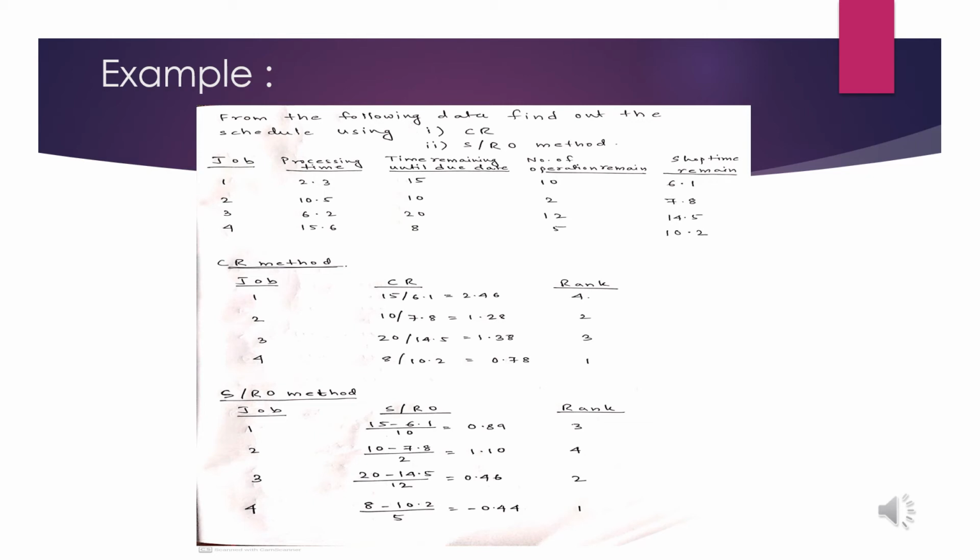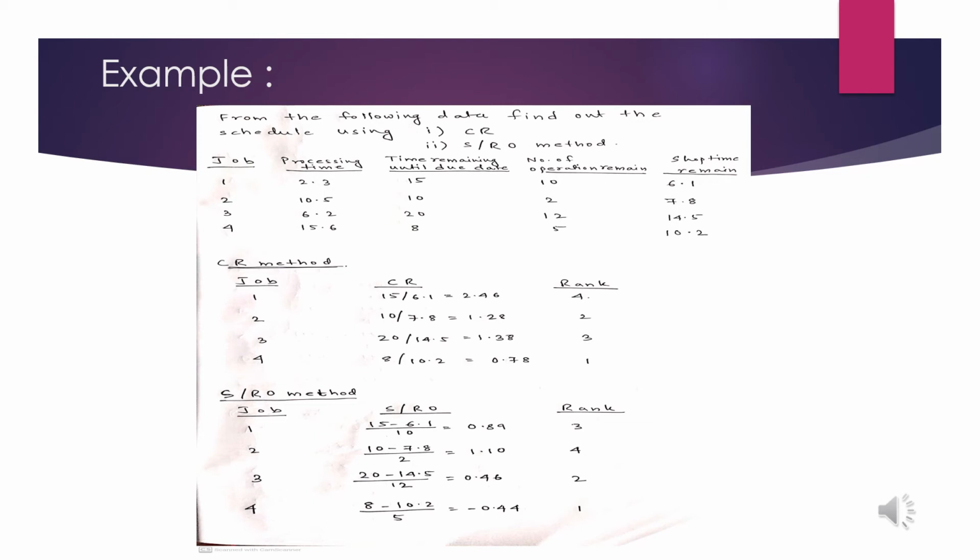Coming back, as we were talking about, today's date has not been mentioned here. So the formula for slack per remaining operations will move from due date minus today's date minus total shop time remaining to due date minus total shop time remaining divided by the number of operations remaining.